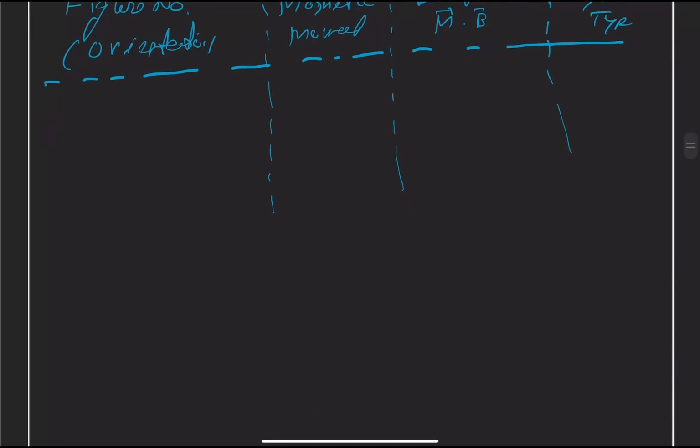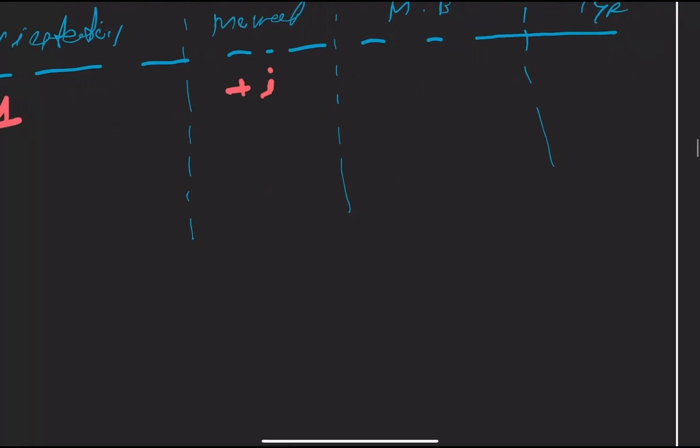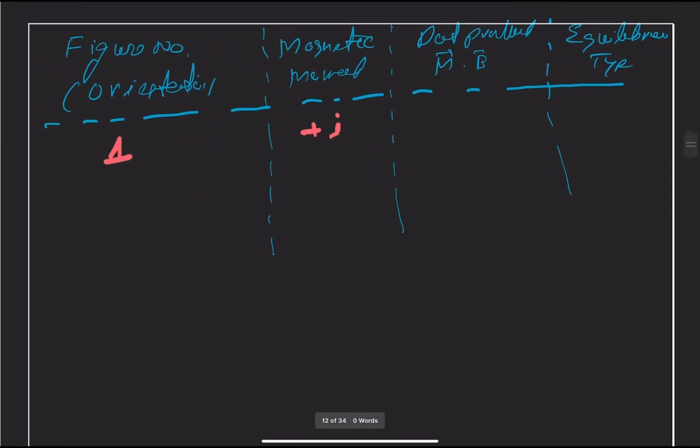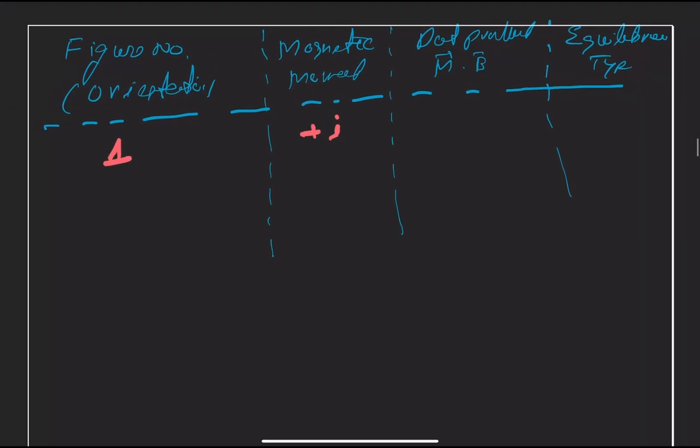So let us start with orientation 1. The magnetic moment is in the plus i direction, and the magnetic field is always in the positive k direction, so the dot product will be equal to 0.